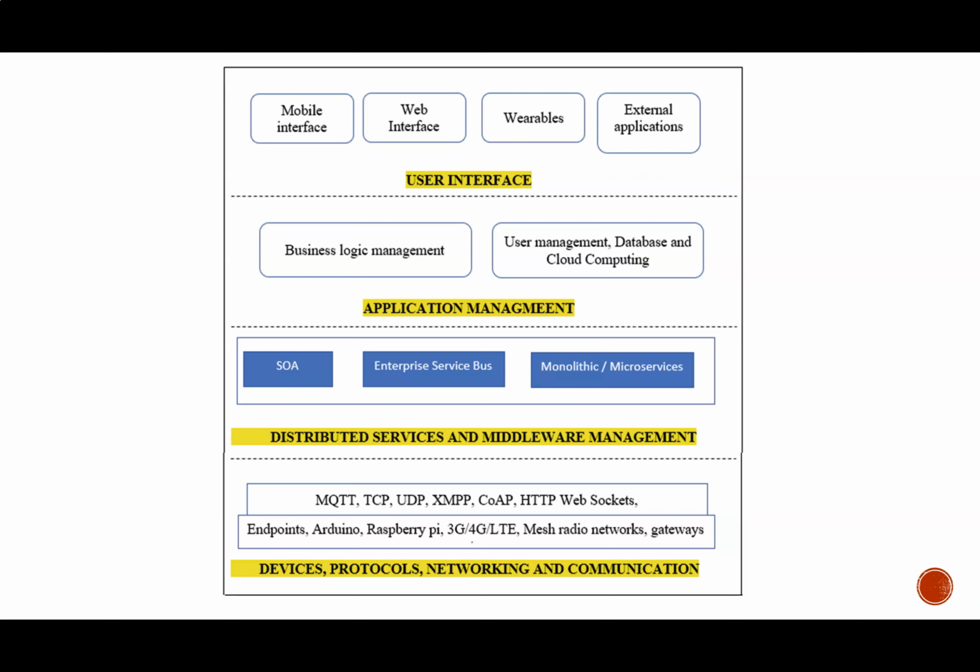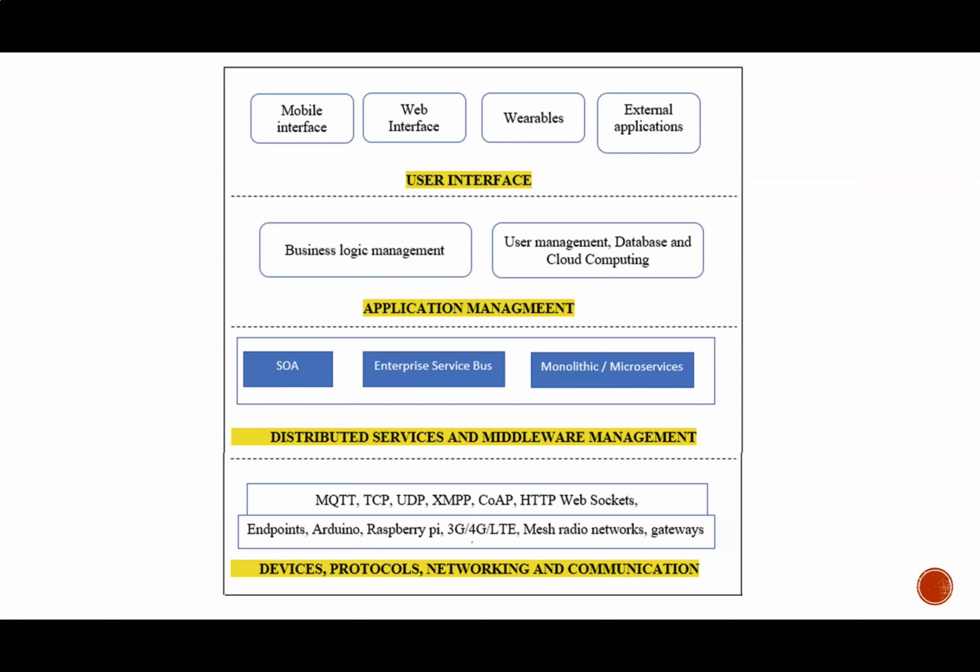XMPP stands for Extensible Messaging and Presence Protocol. It is a set of protocols for, again, instant messaging and chat, voice, and video calls that would typically be used on some sort of a device, such as a smartphone.